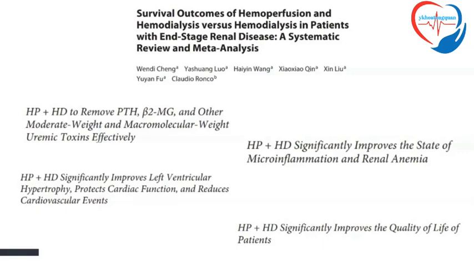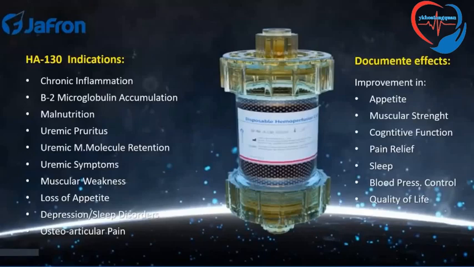There was a reduction in microinflammation and renal anemia. There was improvement in left ventricular function, and cardiovascular events were reduced. And finally, the quality of life seems to be very importantly affected.